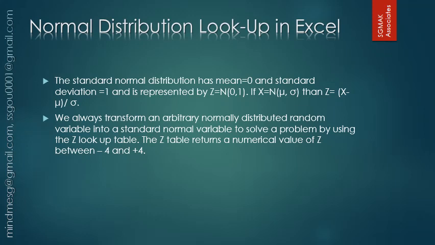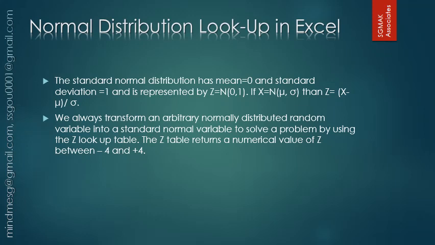We always transform an arbitrary normally distributed random variable into a standard normal variable to solve a problem by using the z lookup table. If you pick up any book on statistics, it has a standard normal table at the back of the book.